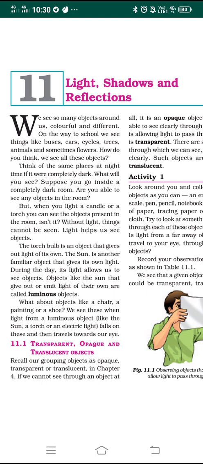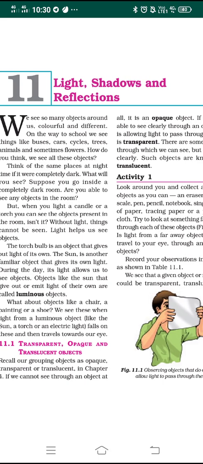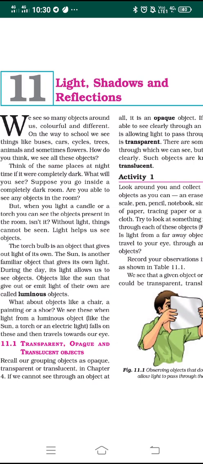Now in today's class, let's go ahead with the next concept, that is transparent, opaque, and translucent objects. This is a very important concept. We are all aware of things which have these properties, but we are unaware of that. Let me make it very clear.